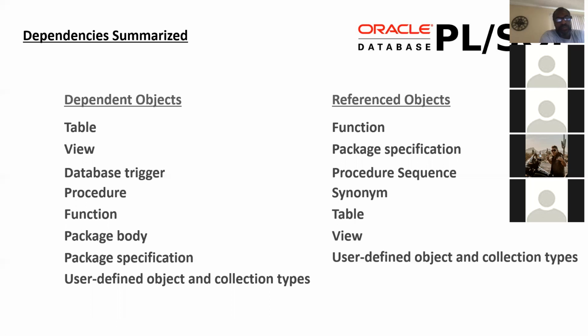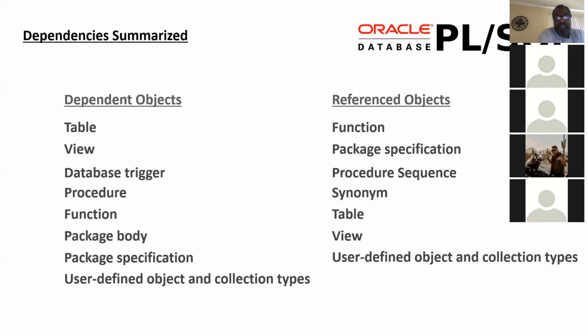Compare that to the referenced objects, functions, package specifications, and you see that package specifications are in both places because the package specification is how you define the package body. And generally, if there's a problem with the package specification, as you all discovered, you have to either recompile, rebuild, et cetera.